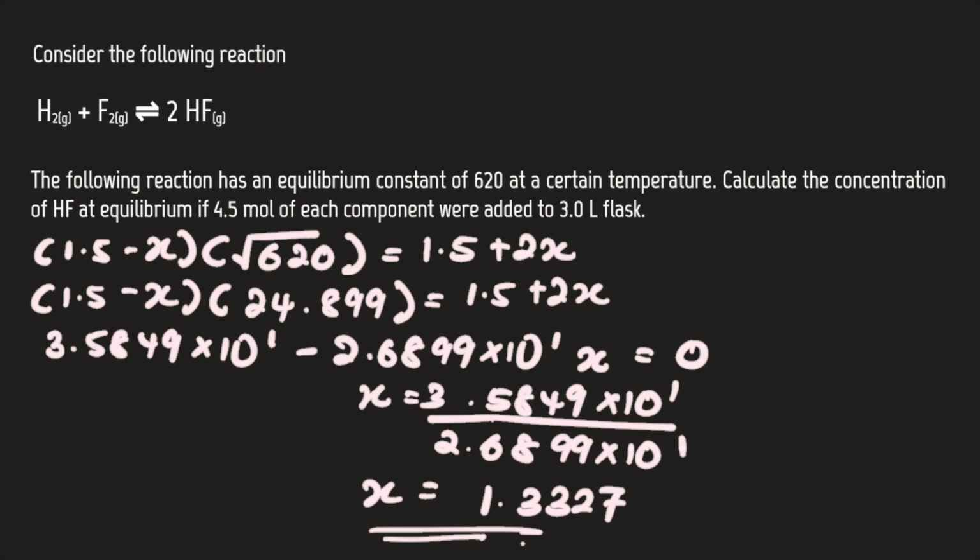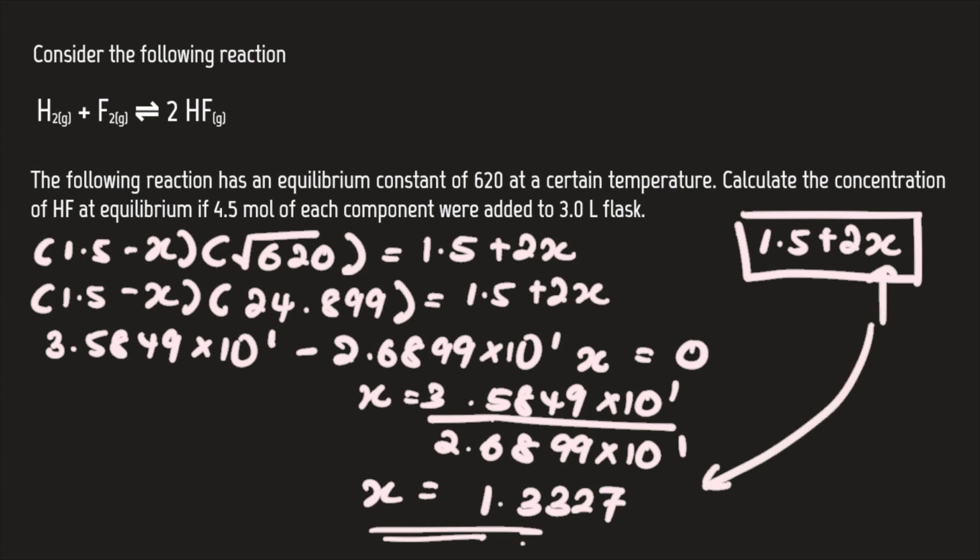But the question asks you, what is the concentration of HF at equilibrium? So we need to look back at our ICE diagram. And at equilibrium, the concentration of HF is equivalent to 1.5 plus 2x. So by knowing the value of x, we are going to just plug in this value to get the concentration of hydrogen fluoride at equilibrium.